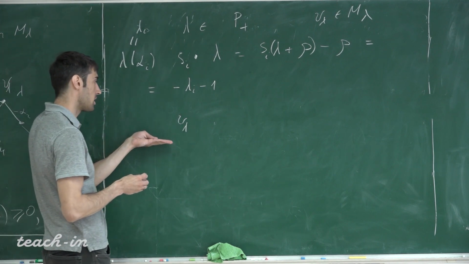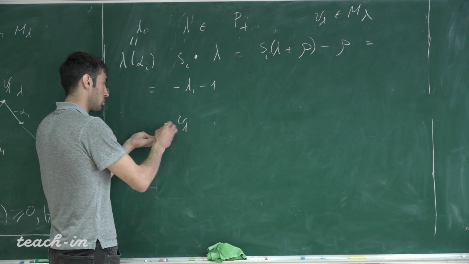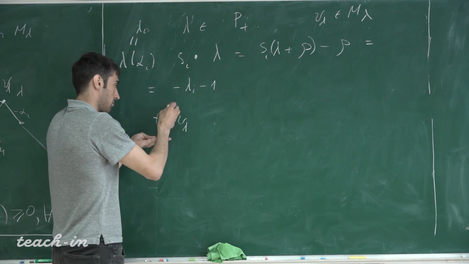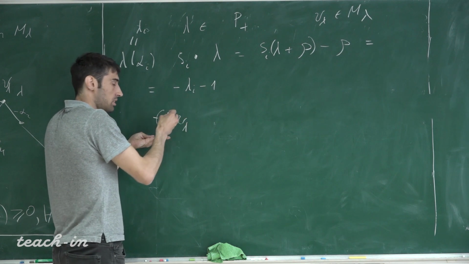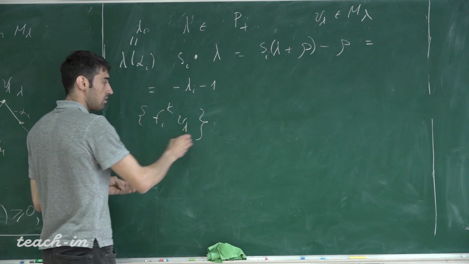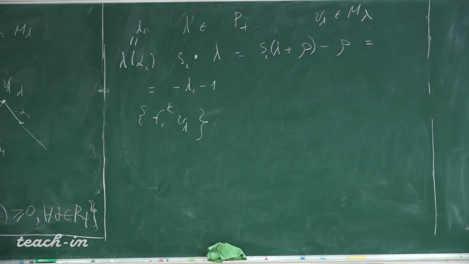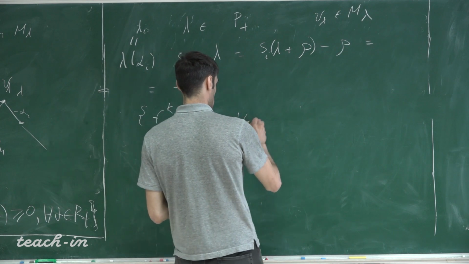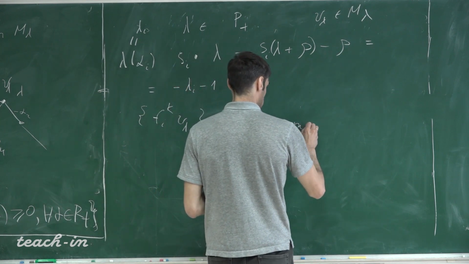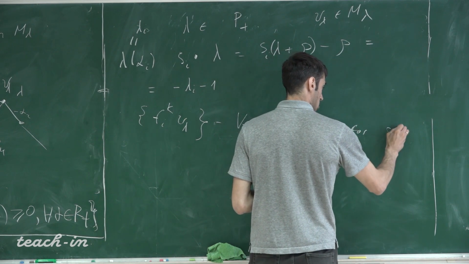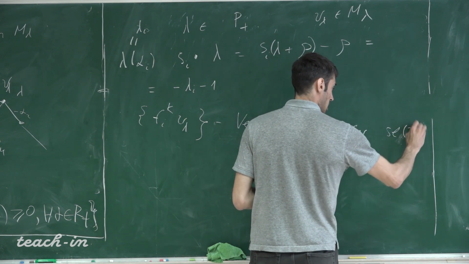Then if I apply to it f_i some multiple times and consider all these vectors, this gives me a Verma module for SL2 alpha_i.